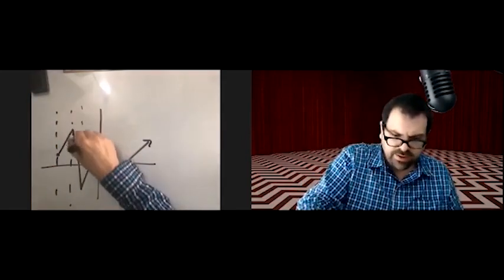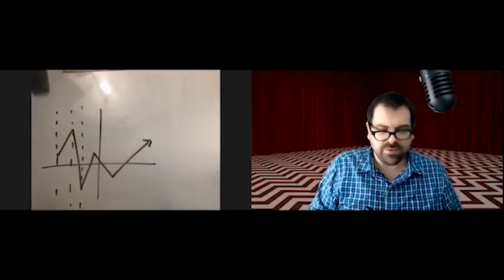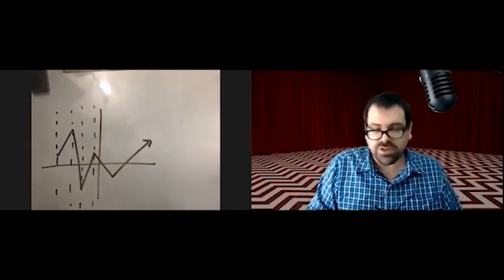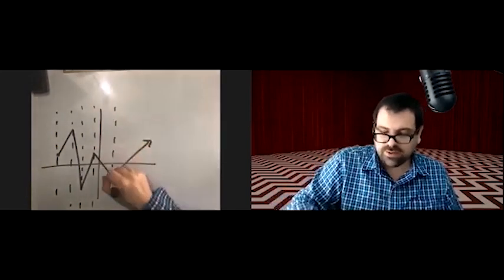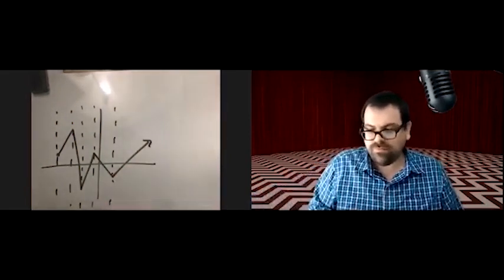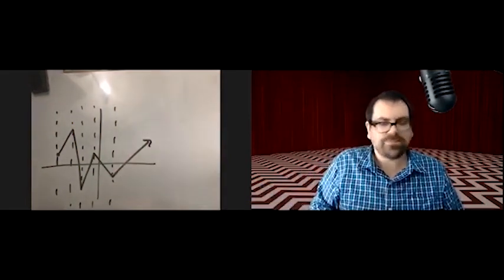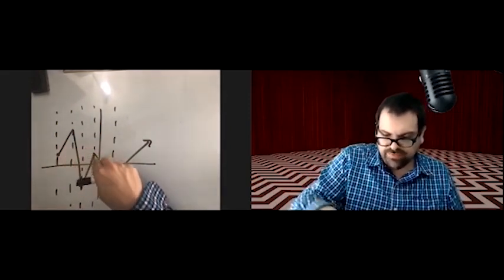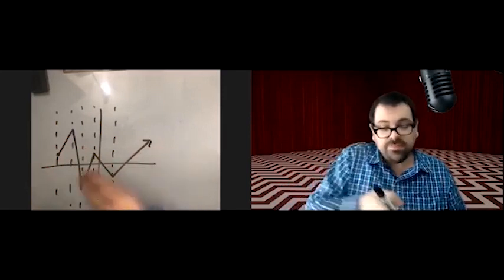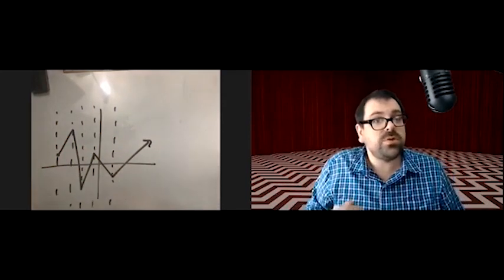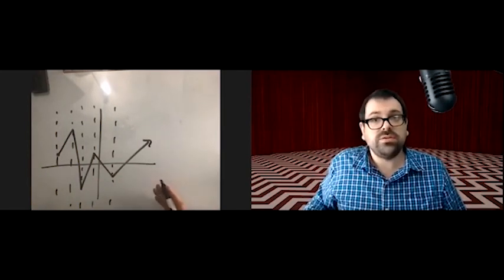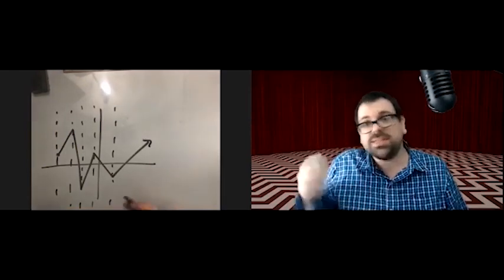And then between here and here, that's a piece of some larger line. And between here and here, that's a piece of some larger line. And between here and here, and then there through there, it's this side of that line. So if we cobbled together these 1, 2, 3, 4, 5 things and put restrictions on the x values we were looking at, we could get this function written in numbers and letters.